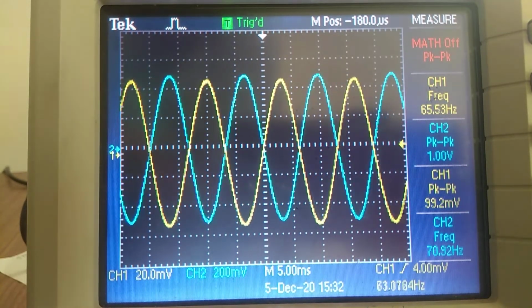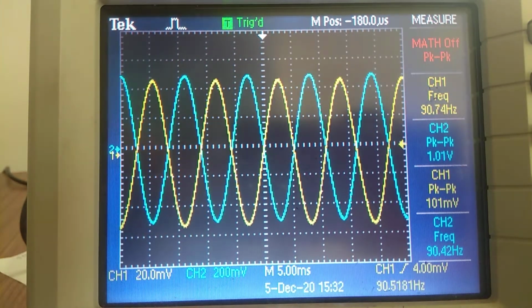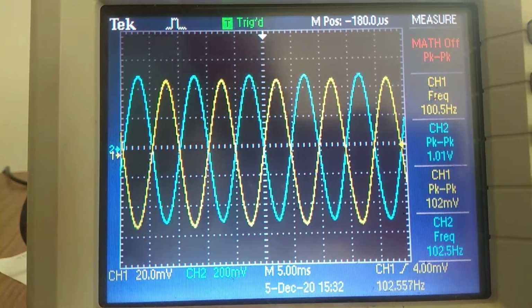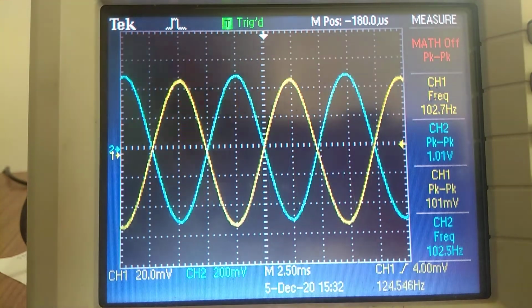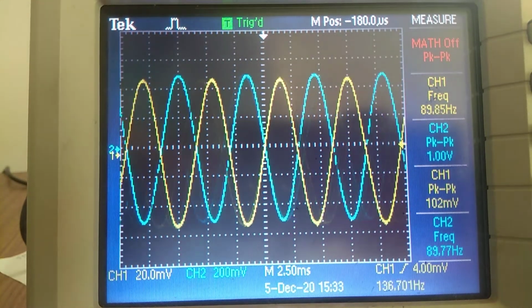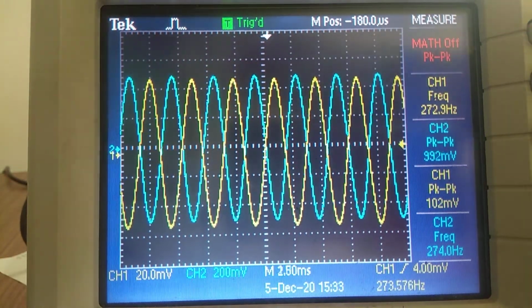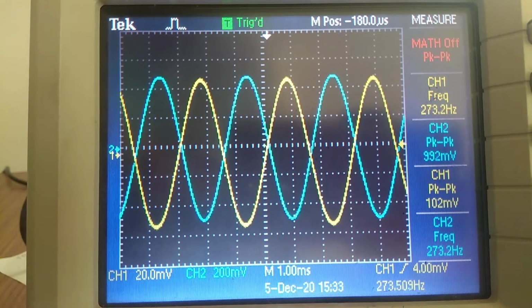Now we see the output is not changing. It is hovering around 1 volt only. If I increase to 100 Hz, there is not much change in the output. Now if I increase the range of frequency to around 500 Hz, there is still no change in the amplitude.